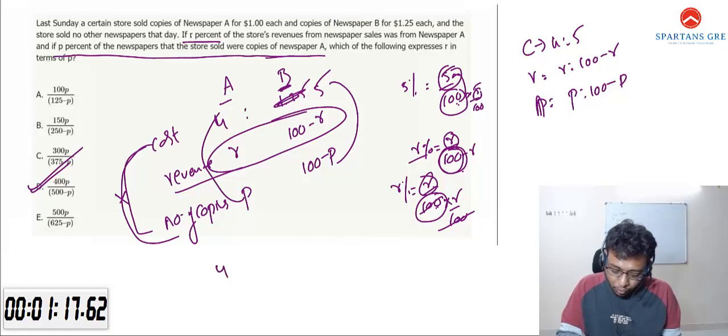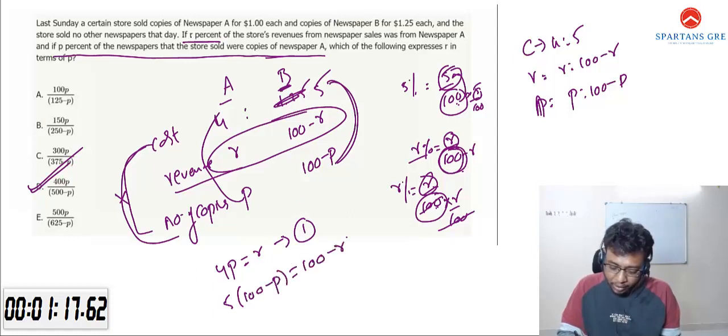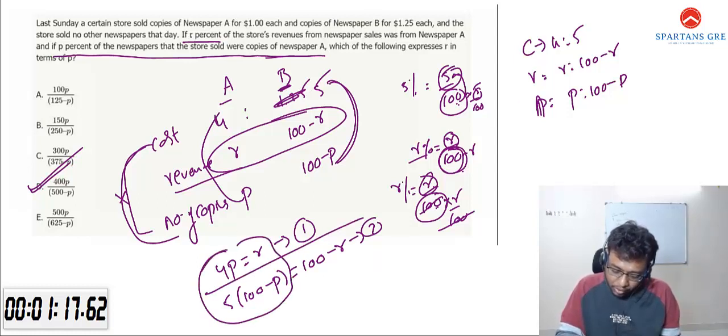Suppose this into this, 4p will be equal to R. This is my equation 1. And this one, 5 into 100 minus p will give me 100 minus R. I am dividing both the things. That's what I have written here, right?